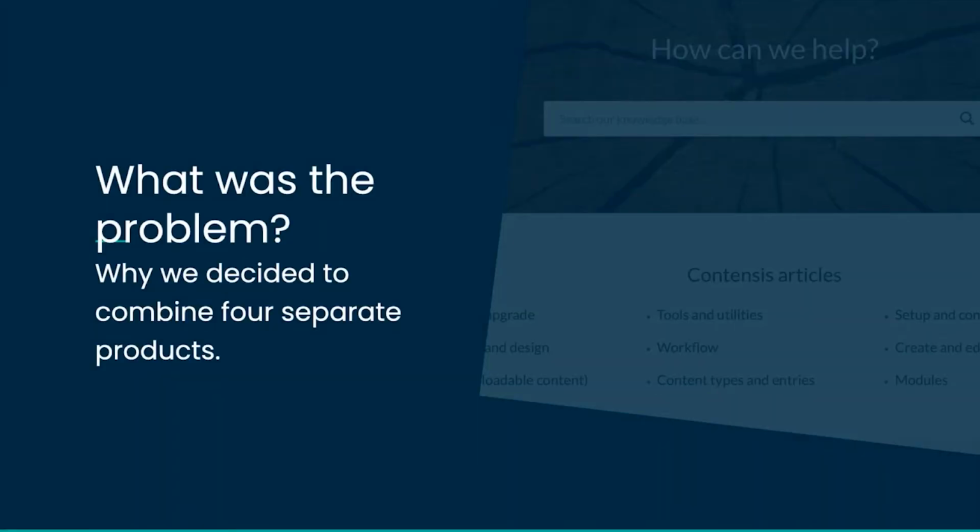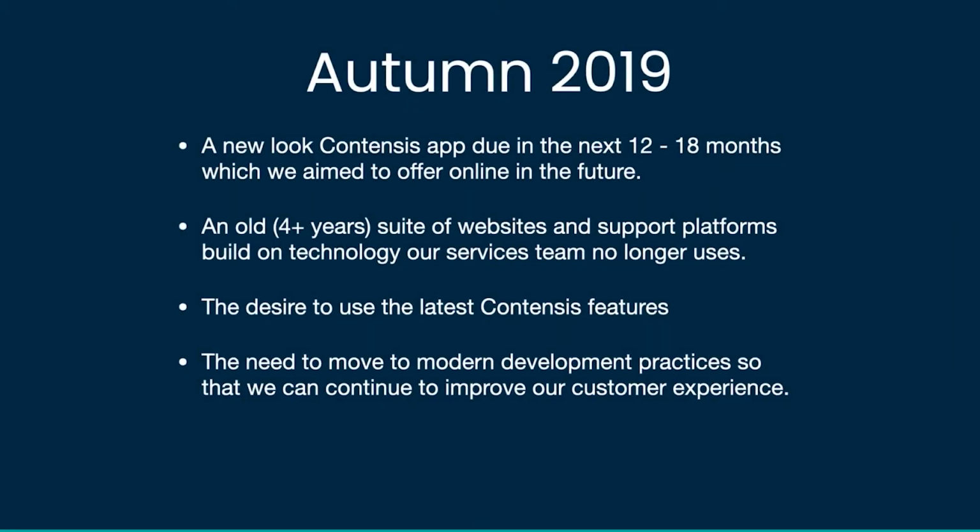So what was the problem? Why did we decide to build this new platform, Contensis.com? Well, in autumn 2019, a new look Contensis app was due in the next 12 to 18 months. So around now or maybe early next year, that was going to look completely different.